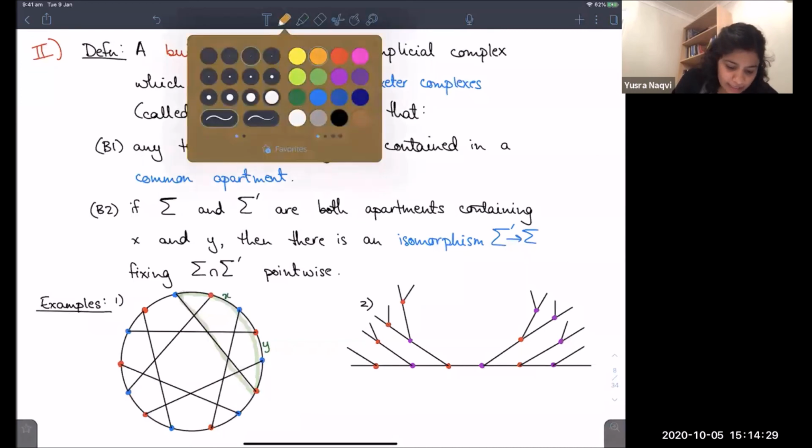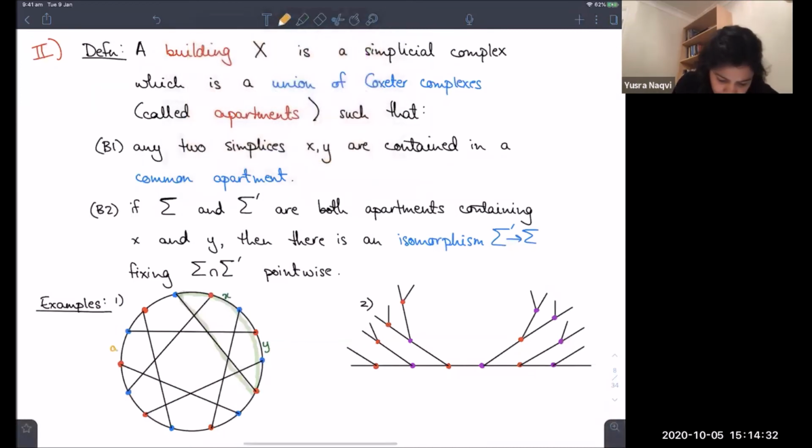Or I could look at another pair, something like A and B, and then I would have another hexagon that A and B live on. And this one comes out this other way. But anytime I pick up two simplices, I can find a common Coxeter complex that they live on over here. And you could try this out combining A and Y or A and X. There definitely is one there. Maybe it's twisted around, but this alternating edge, red dot, edge, blue dot, and so on we have.